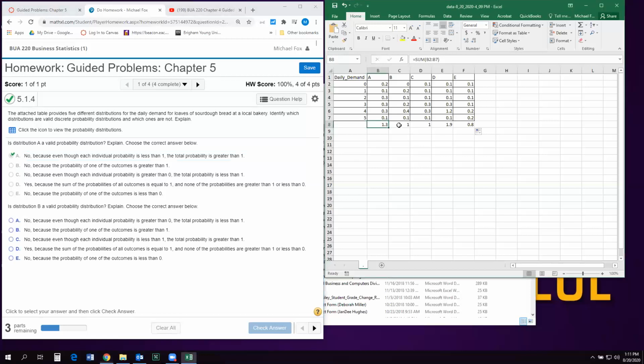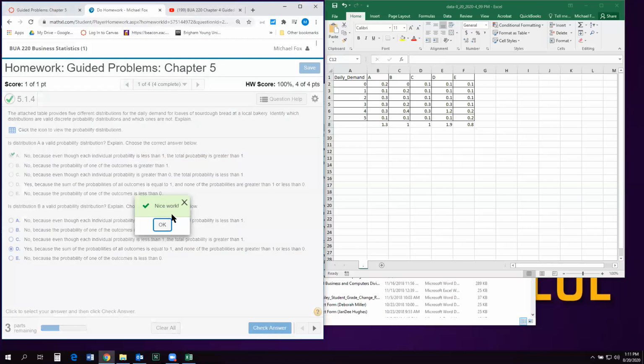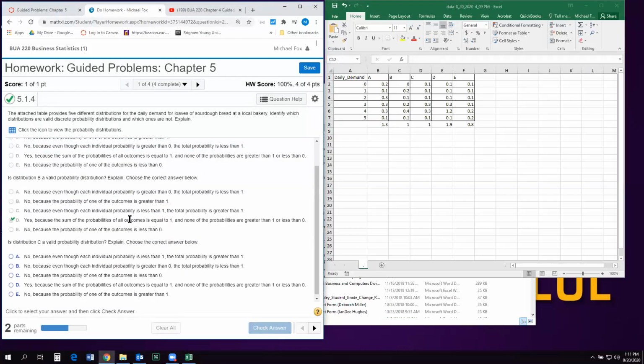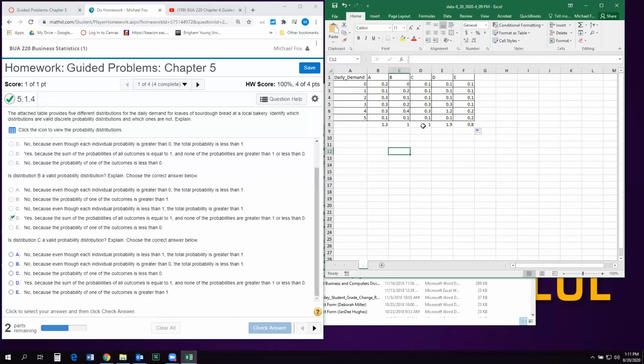All right, B. So B all adds up to 1, and nothing is greater than 1 or less than 0. So we're going to say yes. We go to C. Same thing, adds up to 1, and none of them are greater than 1 or less than 0. So yes, that's a valid distribution.